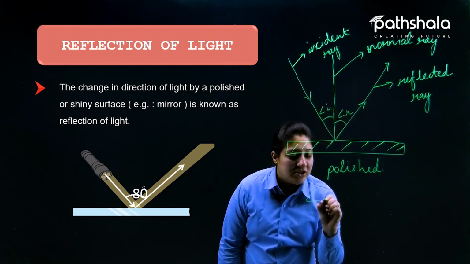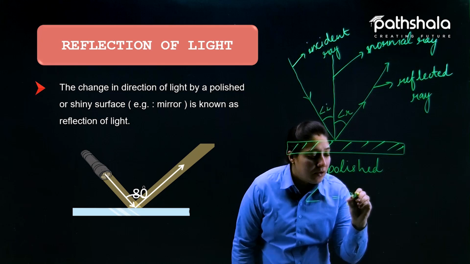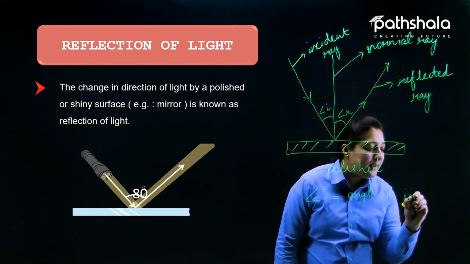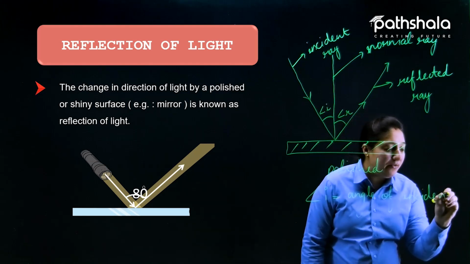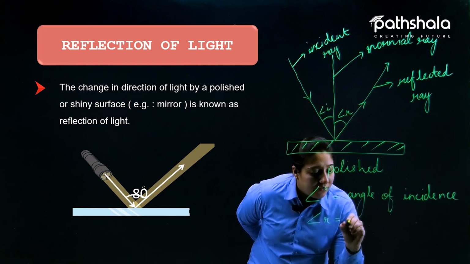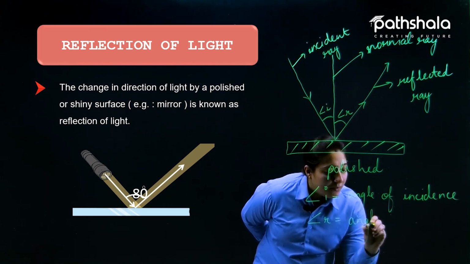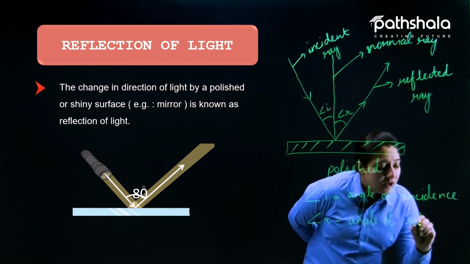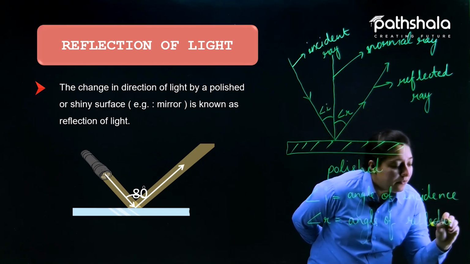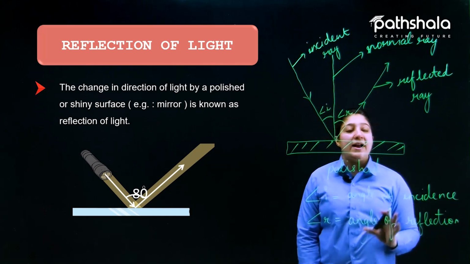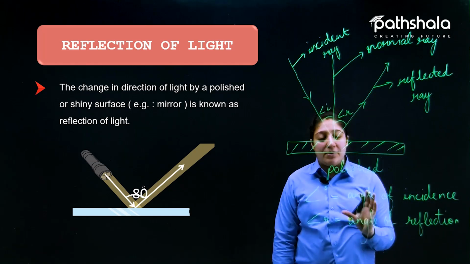The angle formed between the normal ray and the incident ray is the angle of incidence, and the angle formed by the normal ray and the reflected ray is the angle of reflection. So these are the very important five terms in reflection of light that you should understand properly.